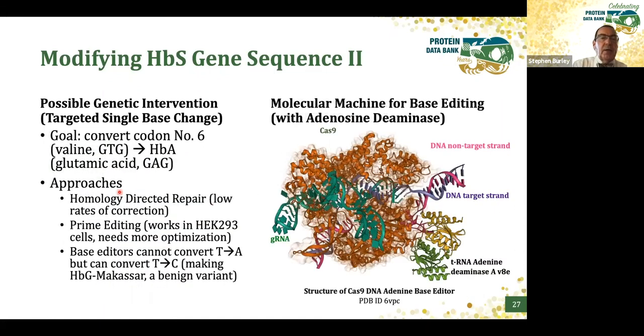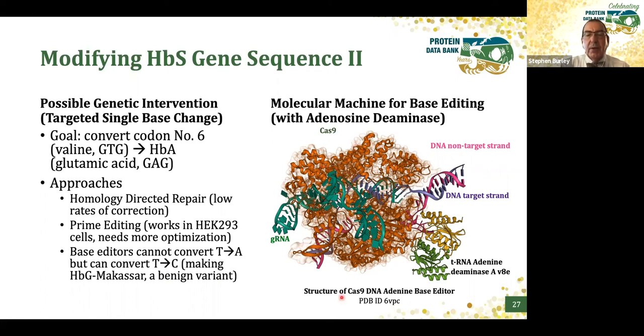So this conversion at codon number 6 from GTG to GAG will generate what's known as hemoglobin Makassar, which is a benign variant of the hemoglobin S.